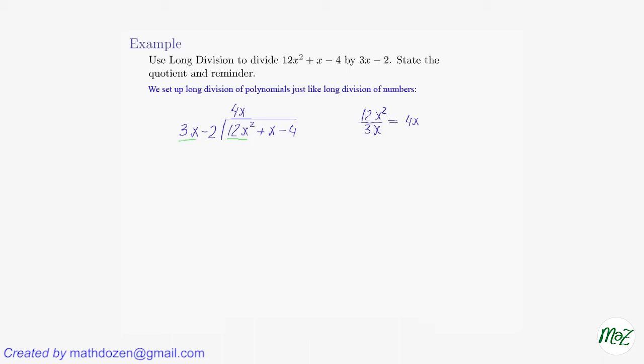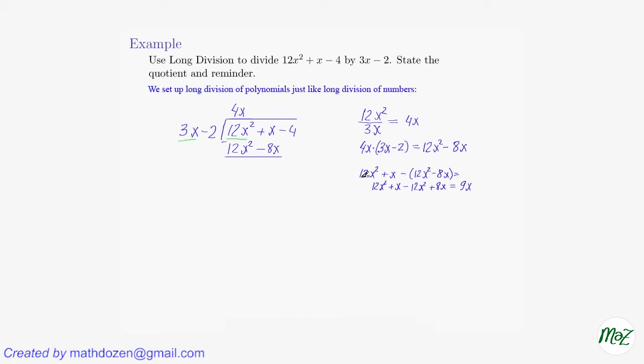After that we take 4x and multiply it by 3x minus 2. And once we distribute, we get 12x squared minus 8x, and that gets written below the polynomial we want to divide. And we're going to start subtracting. 12x squared minus 12x squared disappears, and then x minus negative 8x is a bit complicated, so I'll work it out on the side.